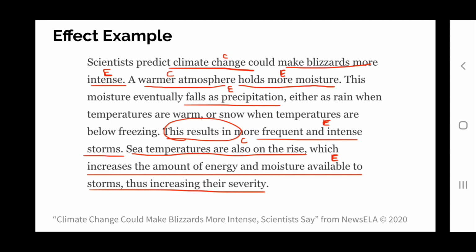So whenever you have a text and you know it's going to be a little bit difficult to annotate, or you're looking for something very specific, make sure that you use a strategy like this. So you've got symbols to represent whatever you're looking for, and then you circle the key words, basically. And in this case, your key words are those signal words.